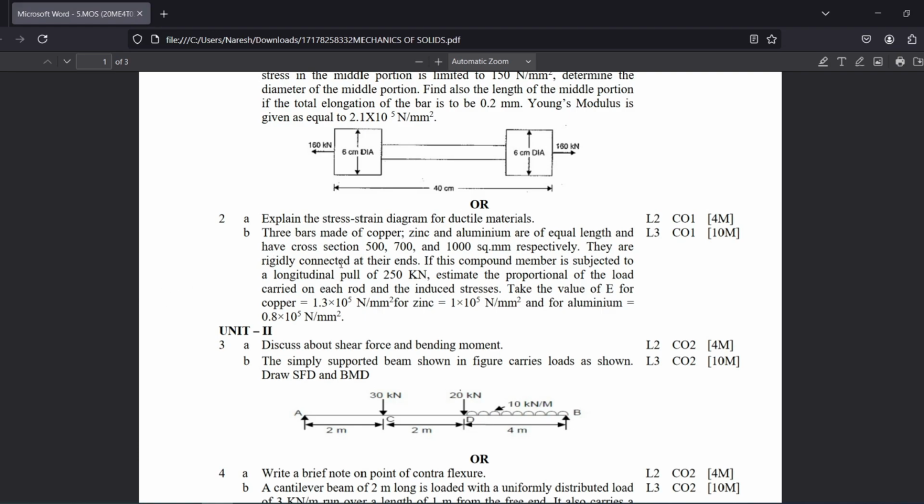Now they are rigidly connected at their ends. If the compound member is subjected to a longitudinal pull of 100 kilonewton, estimate the proportion of the load carried by each rod and the induced stress.